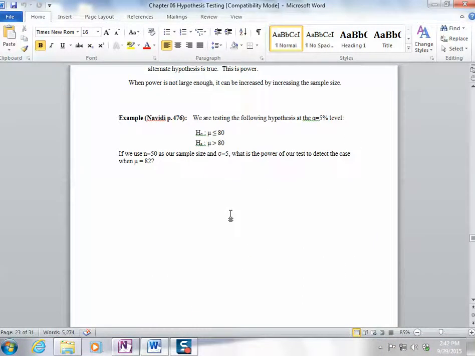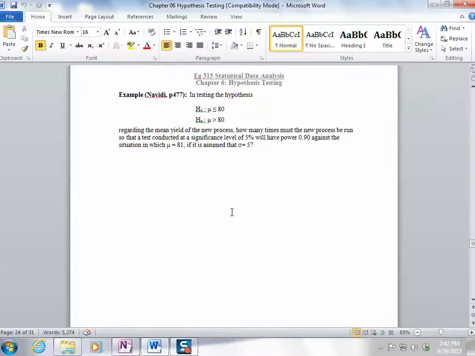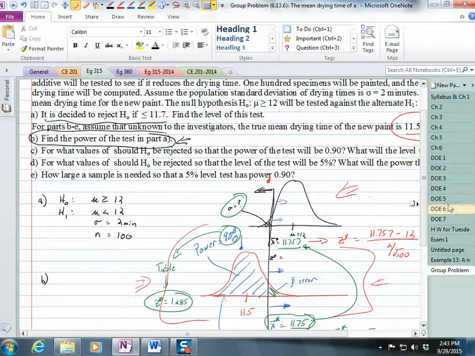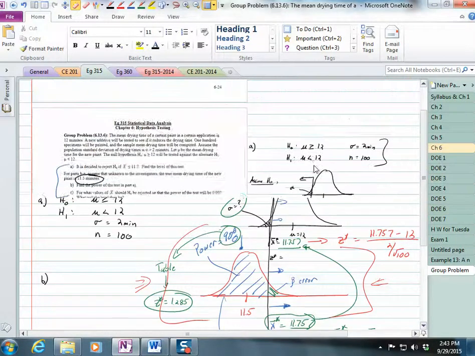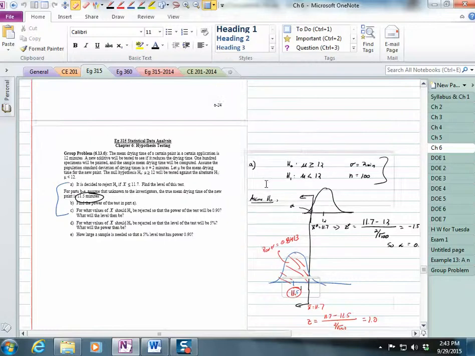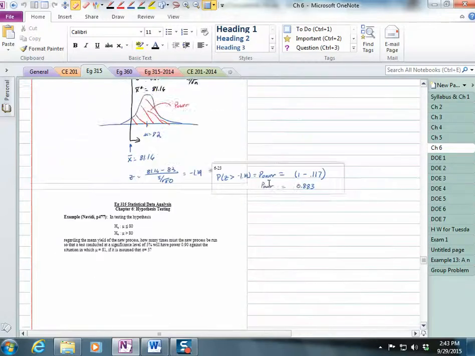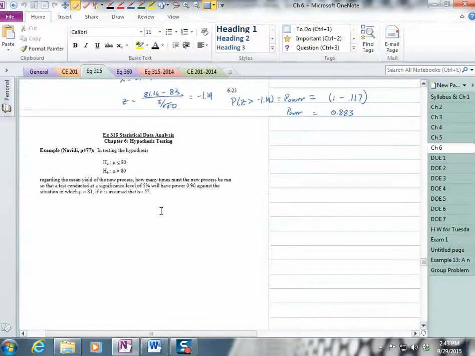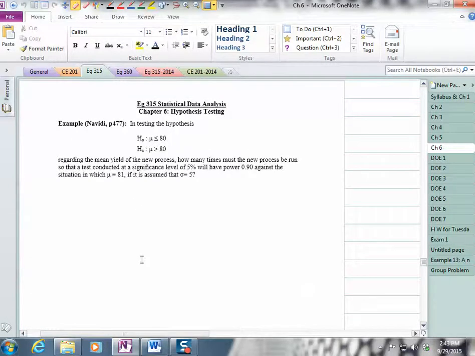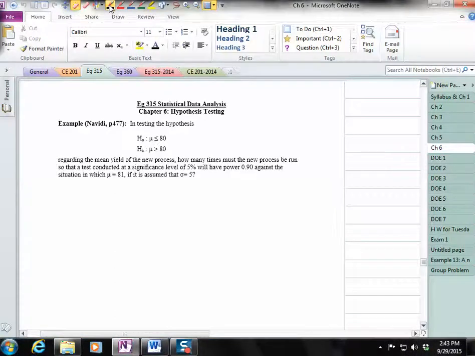Okay. So I'm going back up a page in your notes to here. So let's read through this example real quickly, and let's just think about what we're doing here.